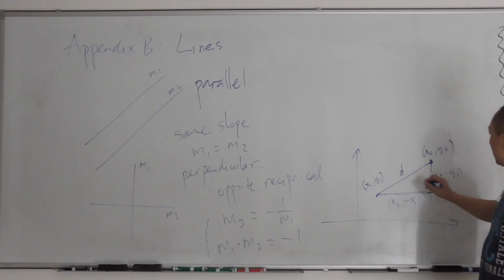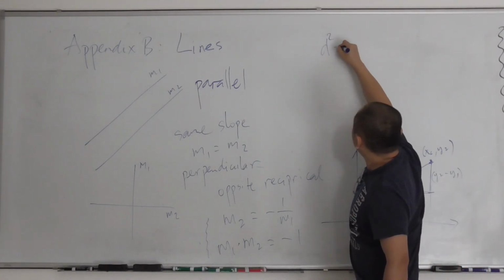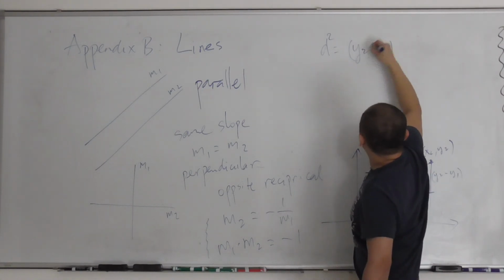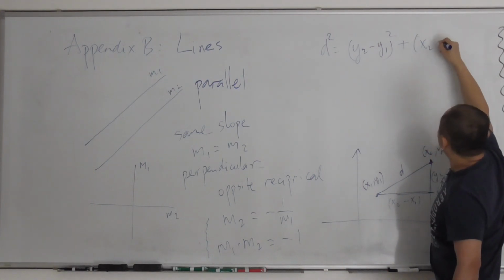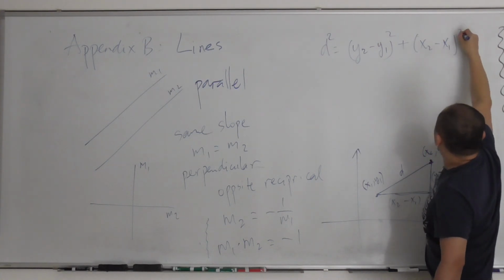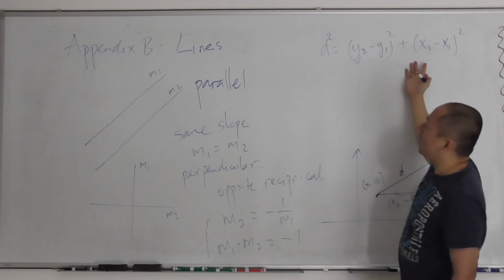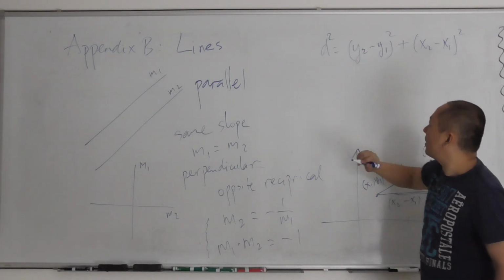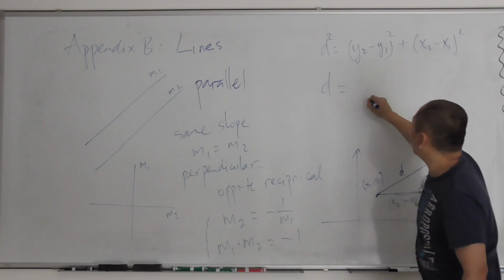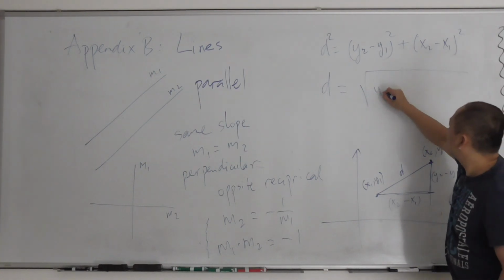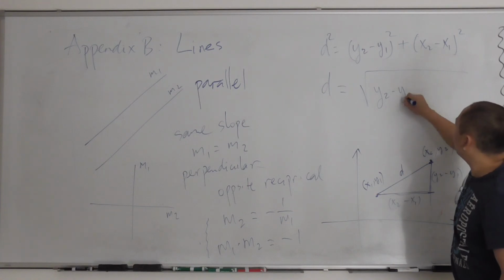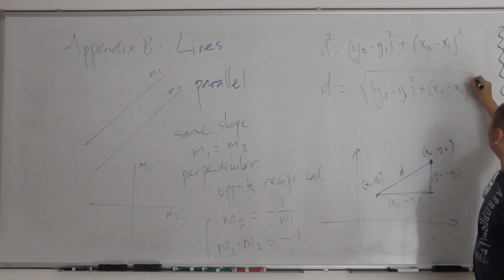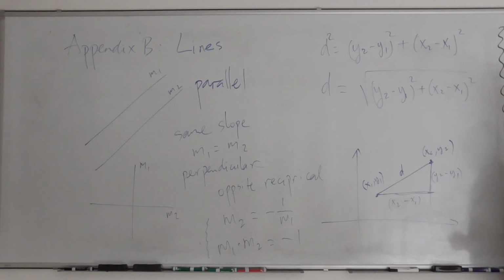So d squared equals (y2 minus y1) squared plus (x2 minus x1) squared. Taking the square root on both sides, d equals the square root of (y2 minus y1) squared plus (x2 minus x1) squared. This is called the distance formula.